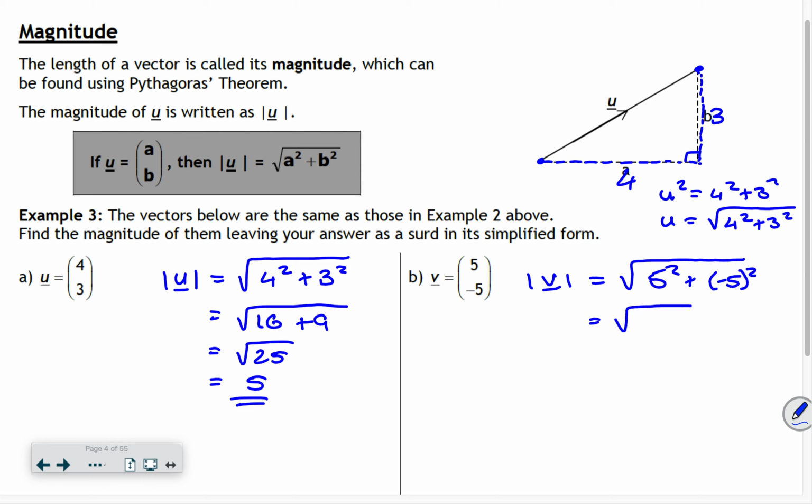So that's going to give me the square root of 25 plus 25, which will be the square root of 50. And if you get a surd, you must always make sure it's simplified as far as possible. So root 50 is the same as saying root 25 times root 2, which will be 5 root 2.